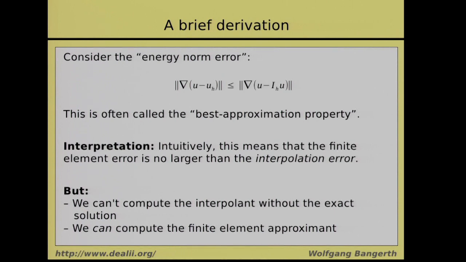So this is a statement that's interesting, and we will use it in the next few steps, but for the moment it is not particularly useful because I don't know U. On the other hand, UH, the finite element approximation on the left-hand side, is very much computable. So I'm interested in the size of the left side, but I don't know the size of the right side.